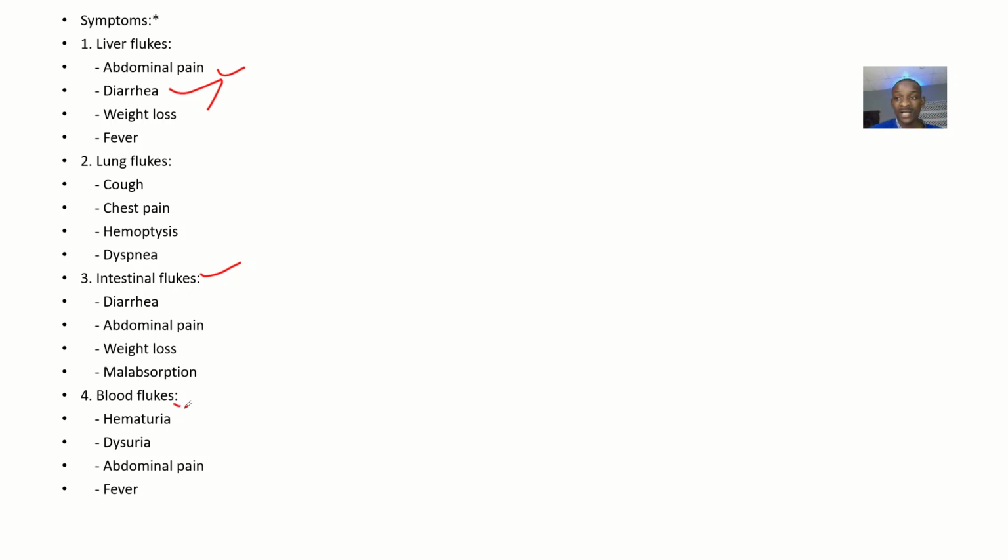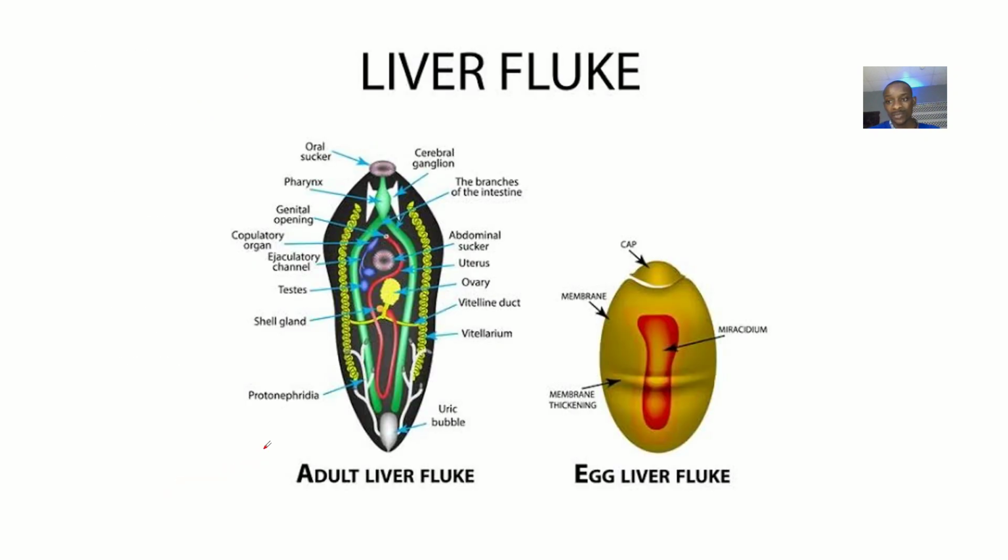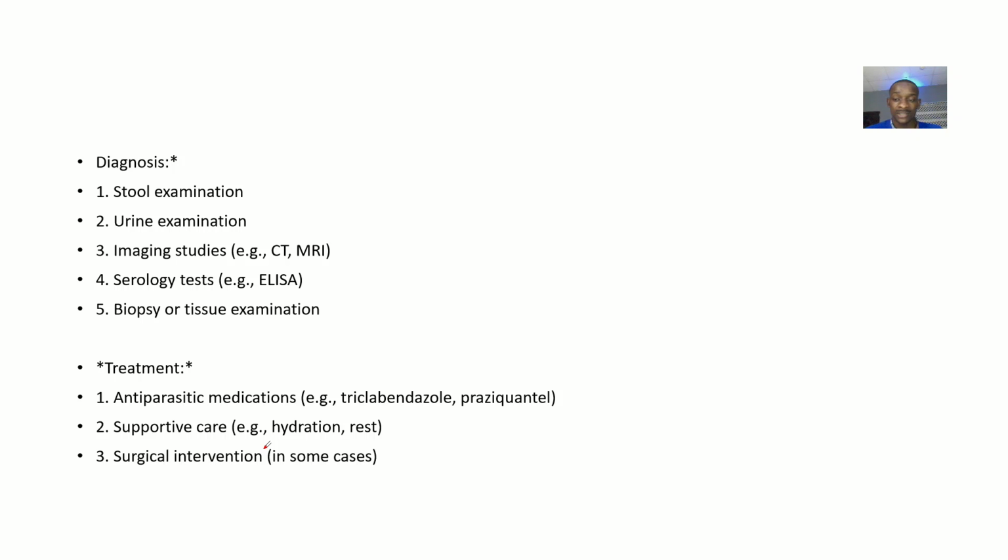Blood flukes affect the blood and cause things like hematuria, where you're urinating blood, then dysuria, where you have pain on urination, fever, and abdominal pain, okay?